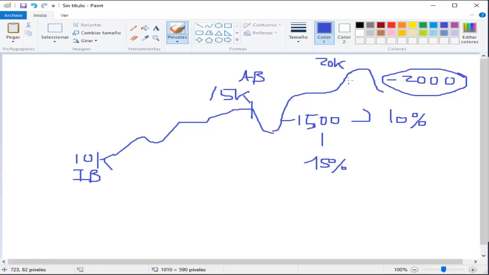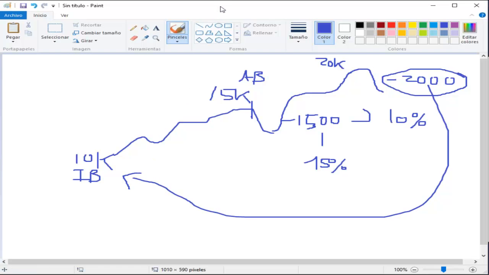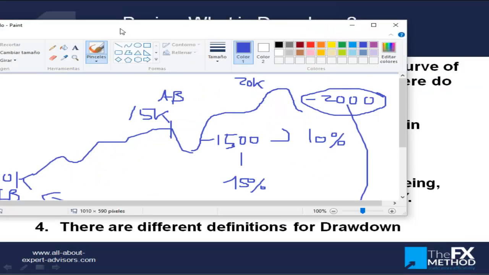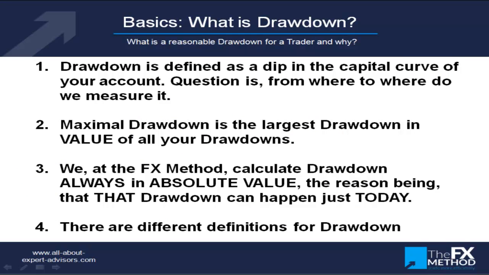Even though if you refer them to the actual balance both are 10%, this 1500 and this 2,000, I would always take the biggest drawdown in absolute value, and refer it always to the initial balance. I know this is a very strict definition, but it helps me a lot to calculate risk in a very conservative way. Okay, so that's the third point here.